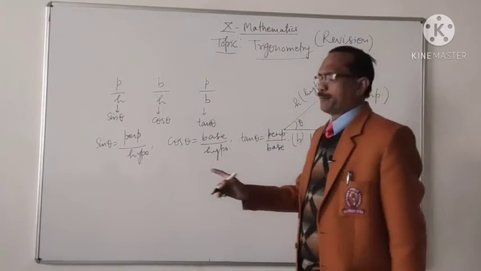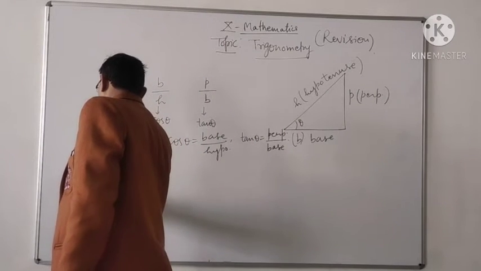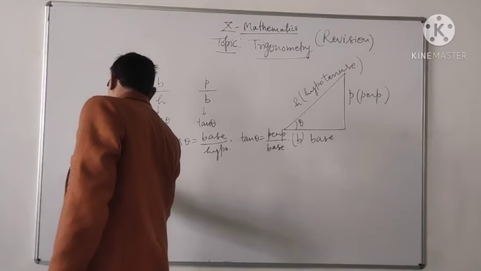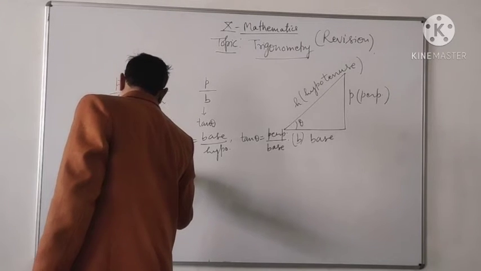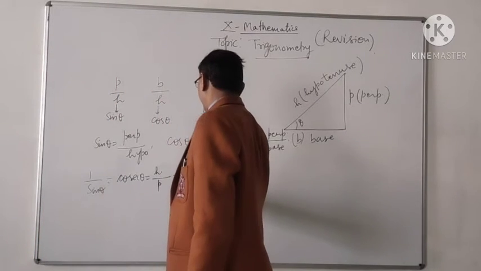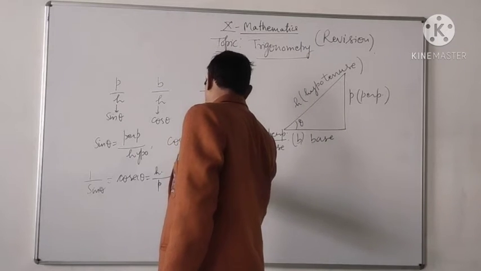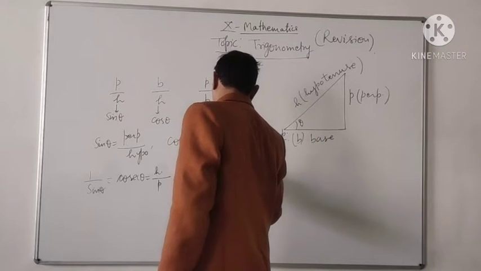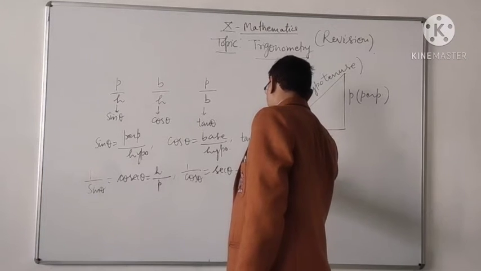And if we take their reciprocal, we will get 1 upon sin theta, which is called cosec theta, and it is hypotenuse upon perpendicular. And reciprocal of cos theta is sec theta, and it is hypotenuse upon base.